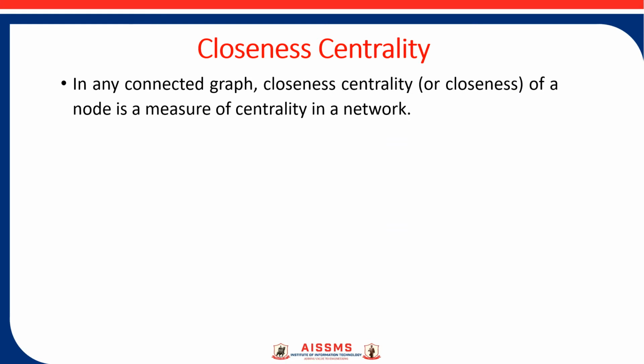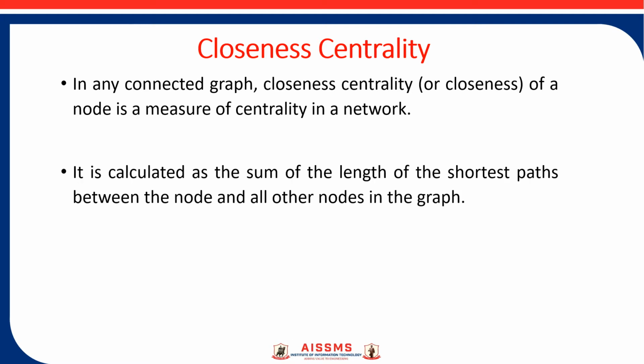In any connected graph, we can find the closeness centrality, which is a measure of centrality in a network. To find closeness, we have to find the sum of the lengths of the shortest paths between the node and all the other nodes in the graph.